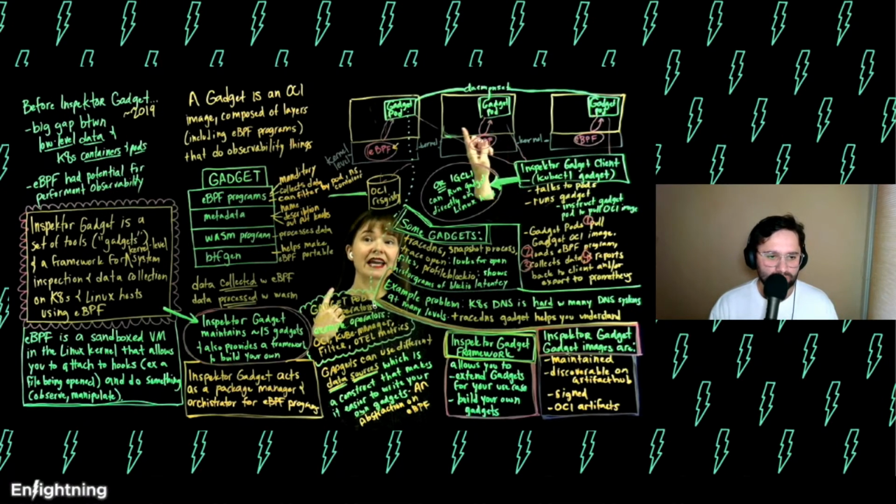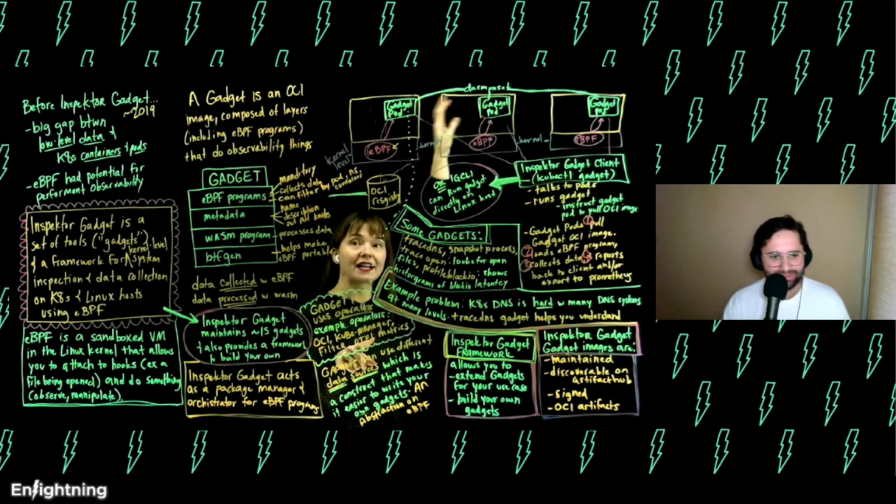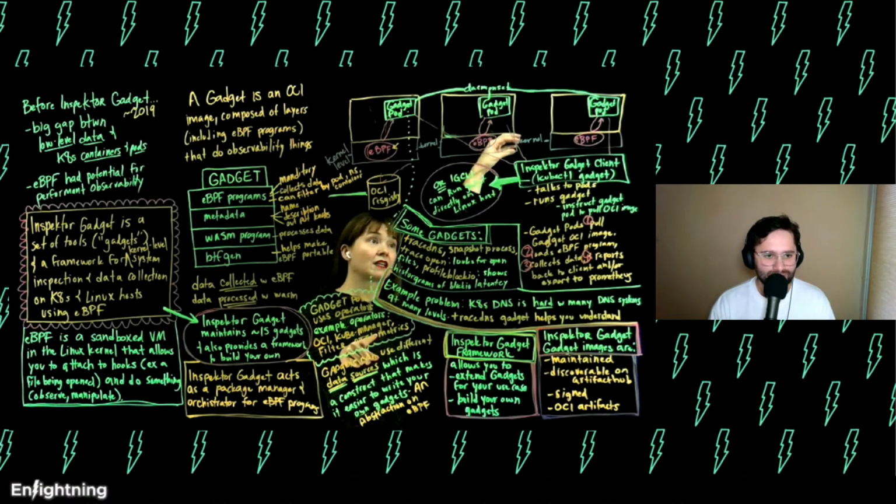The gadget pod has lots of different operators. With the OCI operator it's able to pull the gadget and run the gadget. But it also has other ones, like an operator that can filter and an operator that can export OTel metrics.